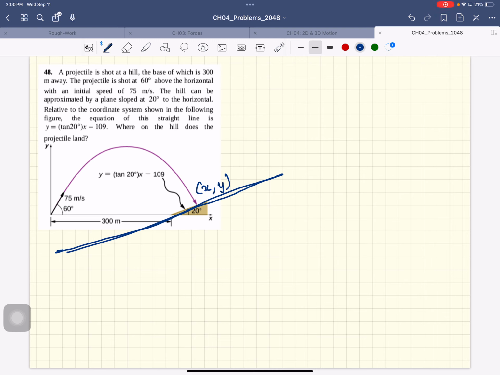Again, this is a projectile problem. So what is it that we want to set up? We want to set up our initial velocity, final, and the acceleration. Here are the x and y coordinates. So v naught, the initial velocity, is 75 cosine 60 i plus 75 sine 60 j.